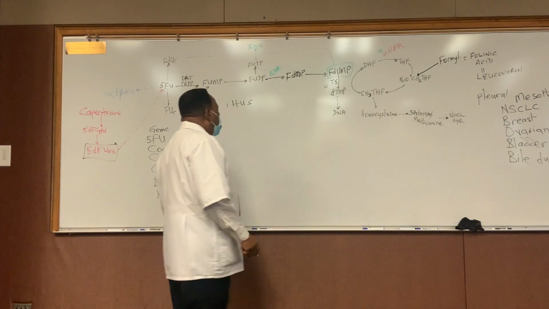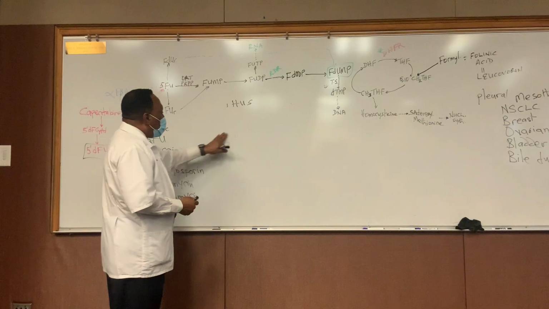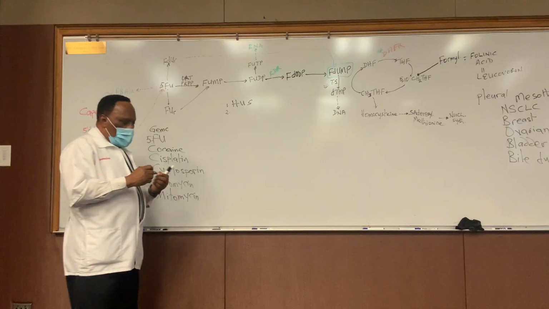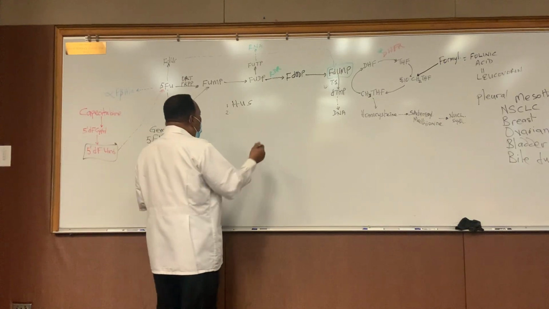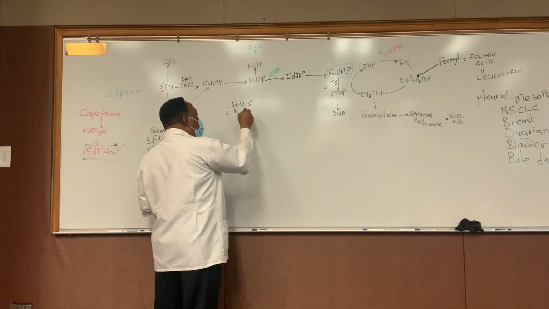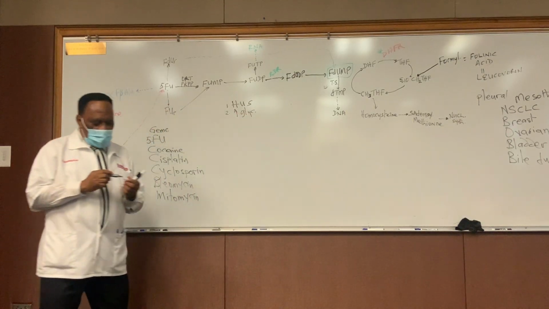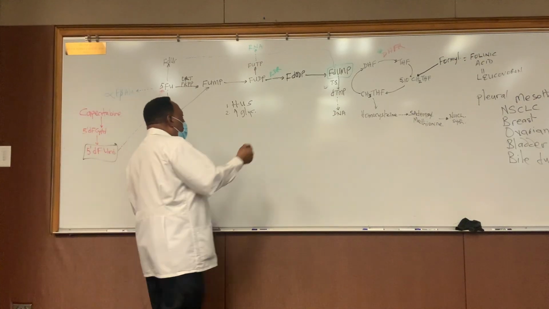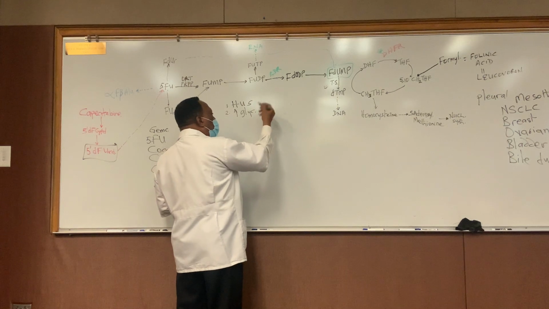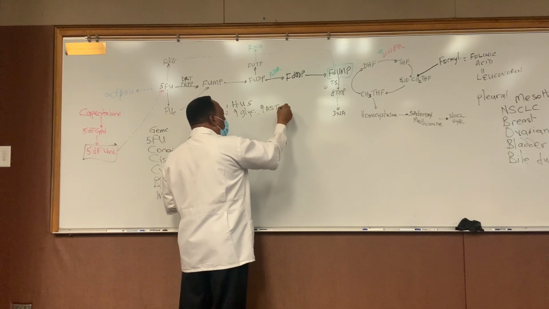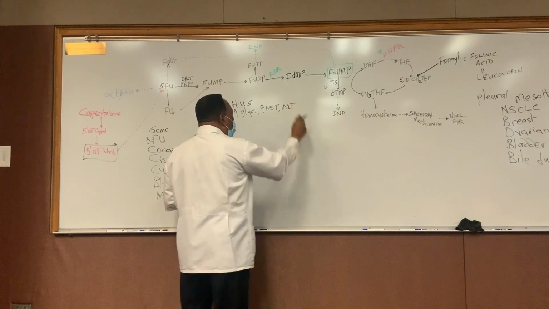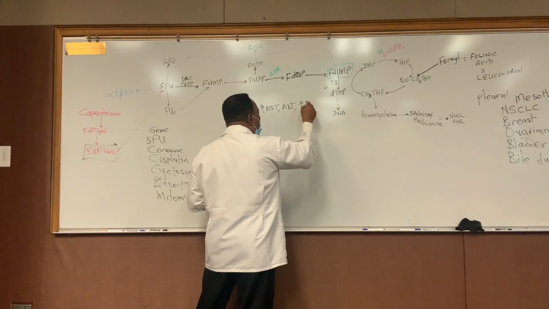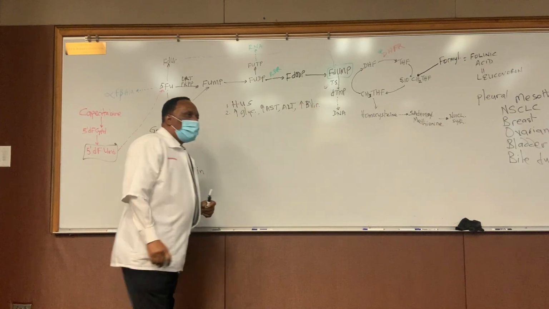So that's one major adverse effect. And two, it can cause an increase in sugar, hyperglycemia. You see it with gemcitabine as an adverse effect, and it can also elevate your liver enzyme, AST, and you may also see an increase in bilirubin.